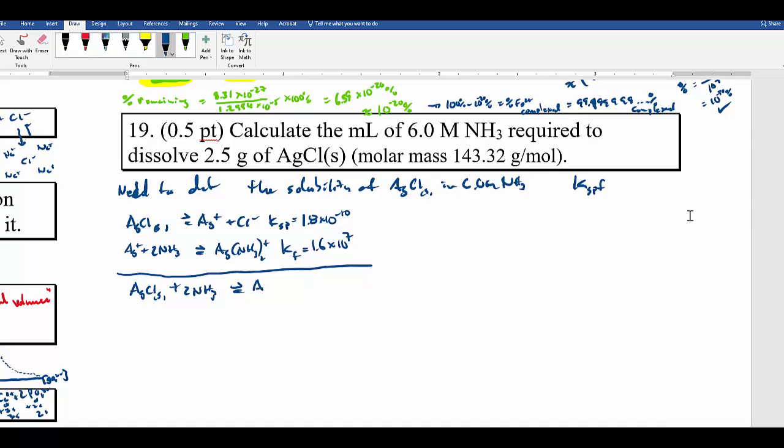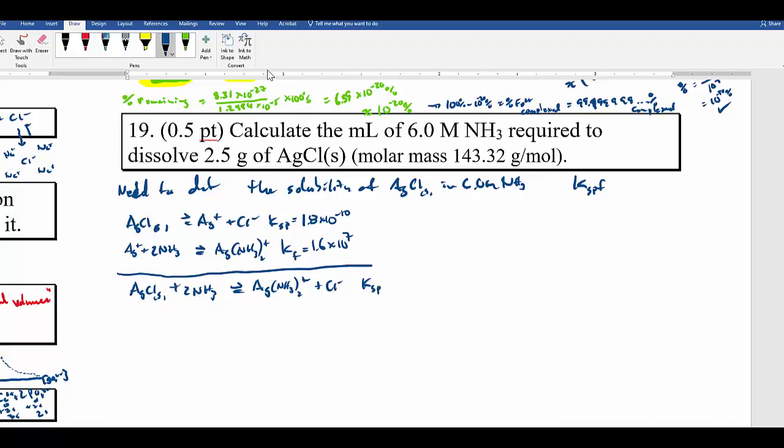All the silver ends up in the complex. It's usually a pretty good assumption, because over here, all the iron in the problem above pretty much ended up in the complex. I mean, if we were to round that, it's 100% complexed here. Very little free iron remains. The same thing here, very little free silver ion remains. We end up in the complex.